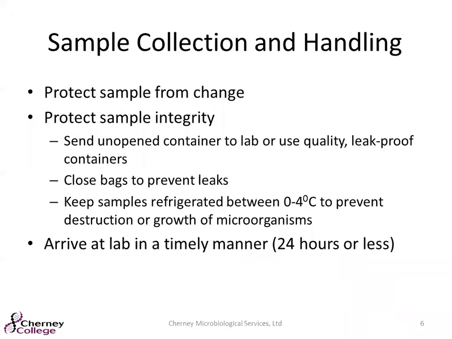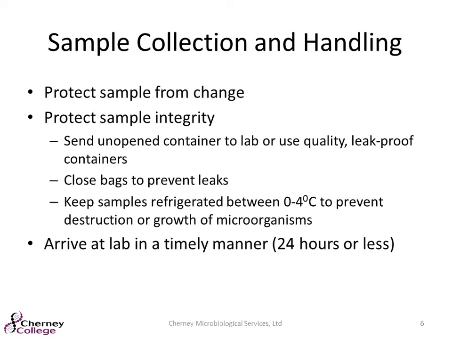So when you are taking a sample, again, this is prior to it going to the lab, so this is more likely in the plant, whether it's an environmental or a product sample. The key is you really want to protect that sample from any sort of change and protect that sample integrity. So the types of containers used, whether it's a Whirl-Pak bag or a custody vial, need to be good quality and leak proof, and you need to be able to close and really seal those bags very well to prevent leaks.